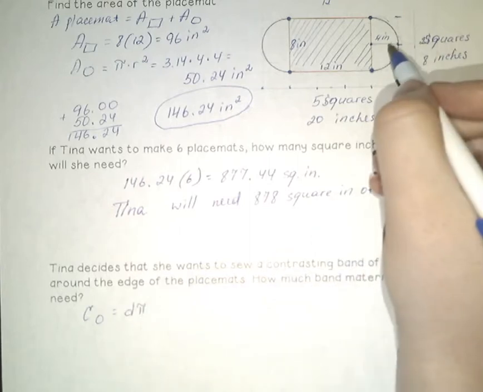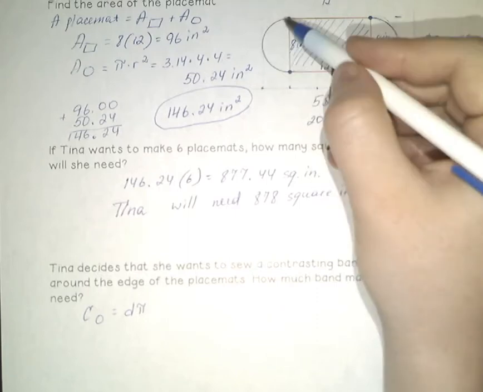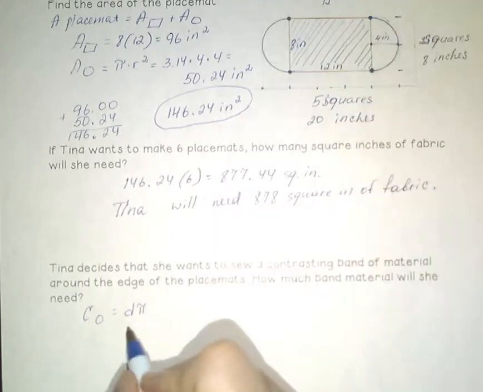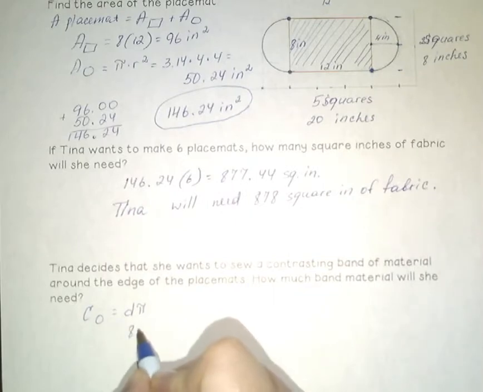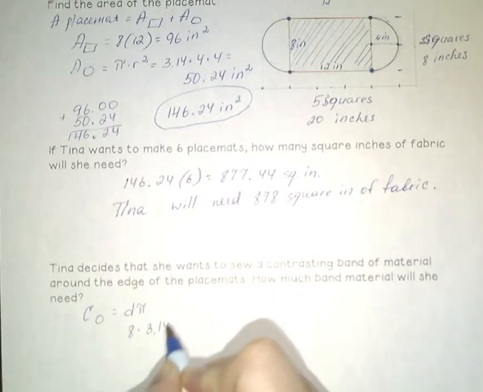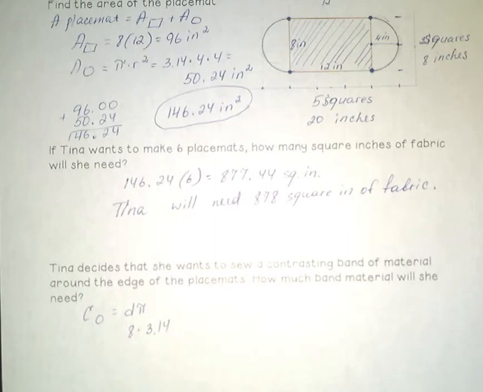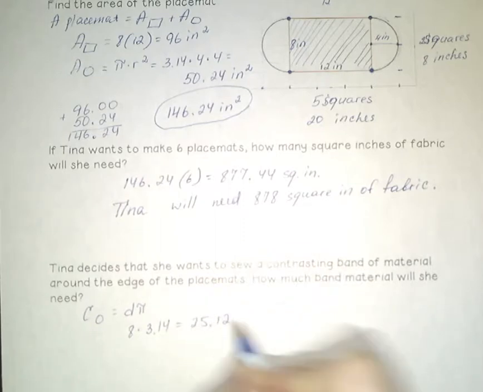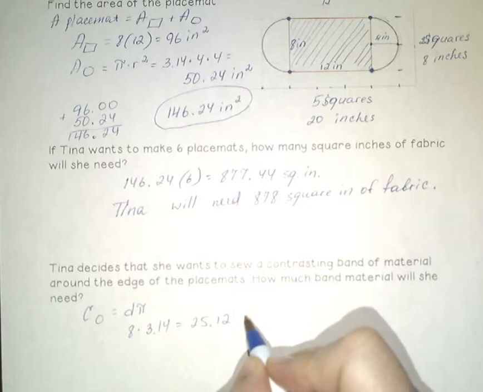We have the radius, which is 4 inches. Diameter is going to be 8 inches, right? So it will be 8 times 3.14. 8 times 3.14 is going to be 25.12, and that is inches.